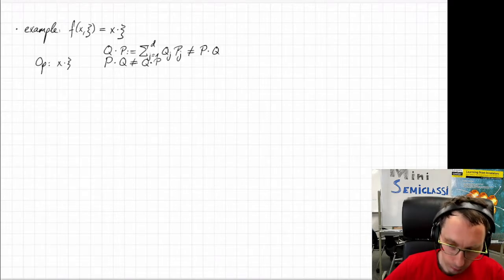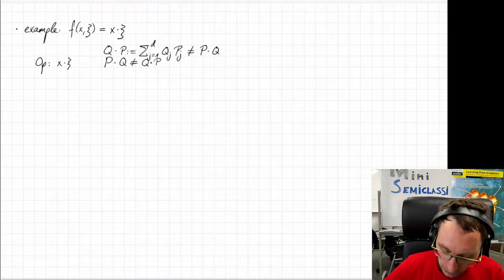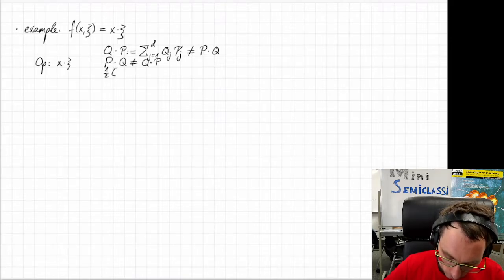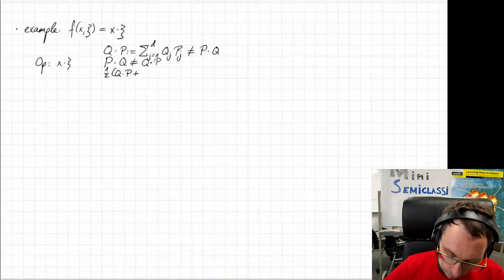But there's an infinite number of possibilities, and another one that I think is worthwhile talking about is the symmetric choice, where I just use 1/2 q dot p plus 1/2 p dot q.